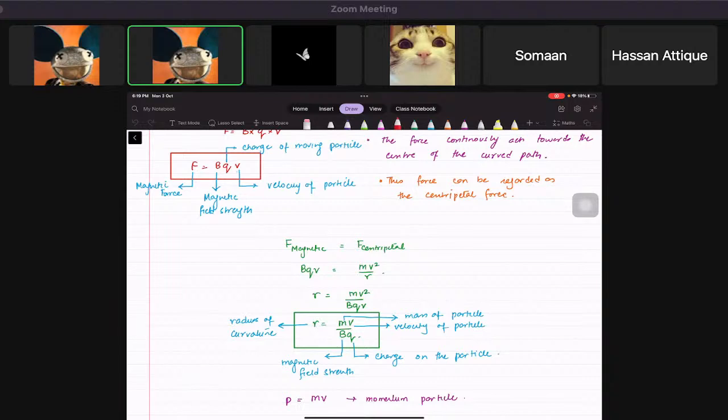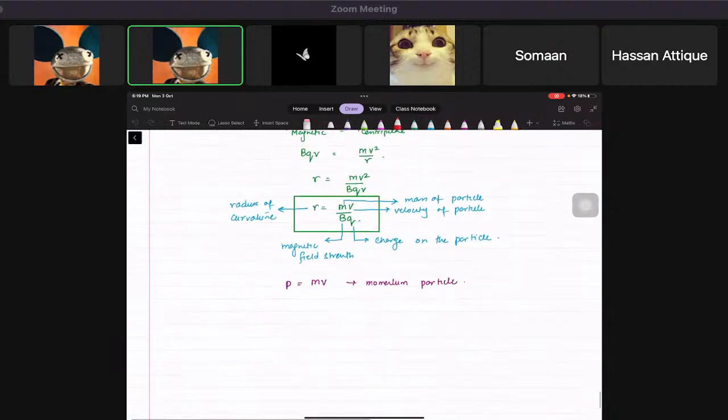I just want to put forward a very, very important thing here. Now, we're going to look at the path of a moving charge in vacuum and in a gas.